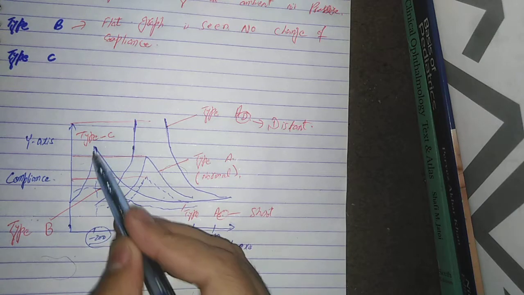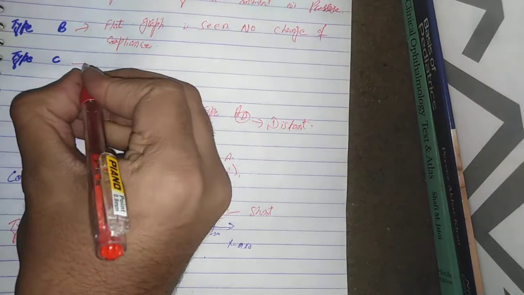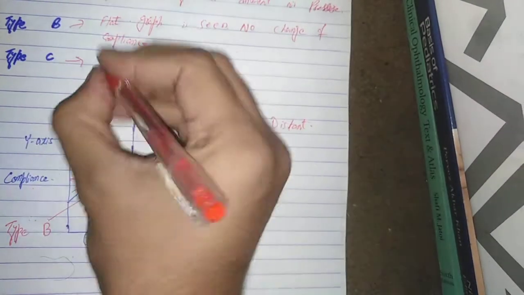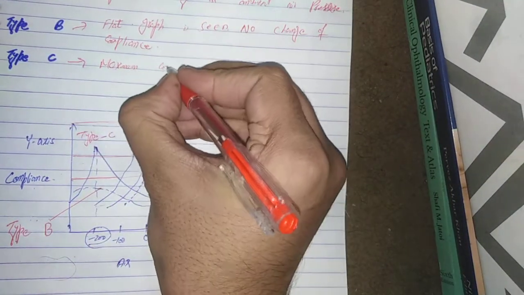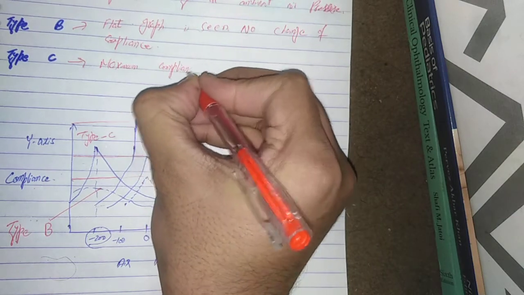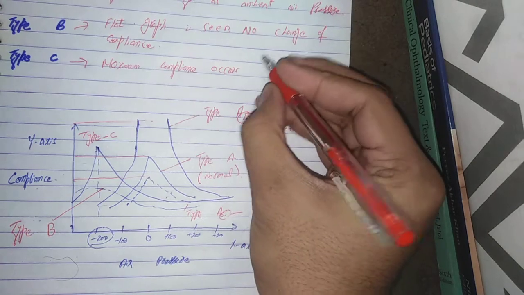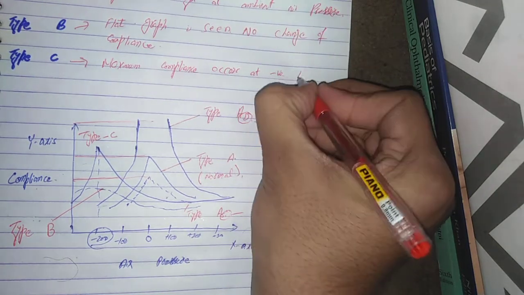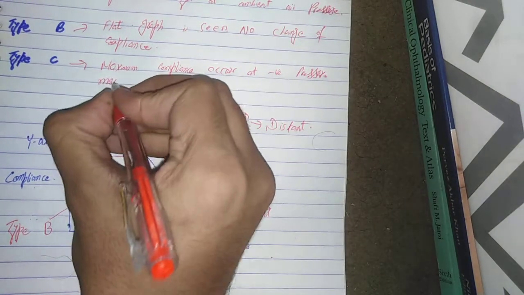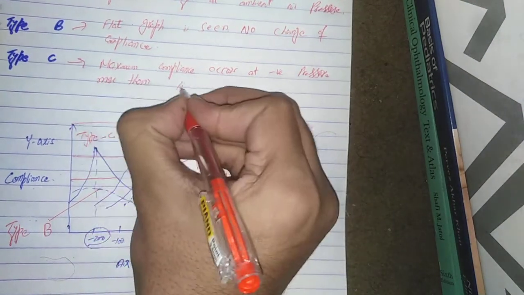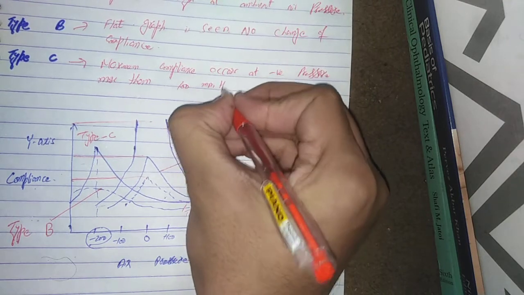This type of tympanogram is called type C. Maximum compliance occurs at negative pressure of more than 100 millimeter of water.